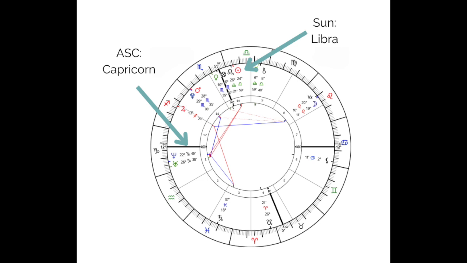So for example, I am a Libra sun and I'm a Capricorn rising. So I strongly identify with being a Libra and those Libran themes of fairness, equality, a love of aesthetics and art and artistry, and also loving gossip and drama as long as I am not personally involved in it and I have nothing to lose, as long as I have no skin in the game. However, the thing is that most people have told me they really see that Capricornian side of me when they first encounter me.